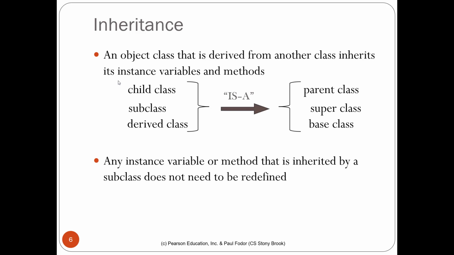And using inheritance, the subclasses will inherit those properties from the parent class. This will make more sense as we start programming. When I do the demo, I'll explain what we mean by that. Good. So now any instance variable or method that is inherited by the subclass, we do not redefine again.